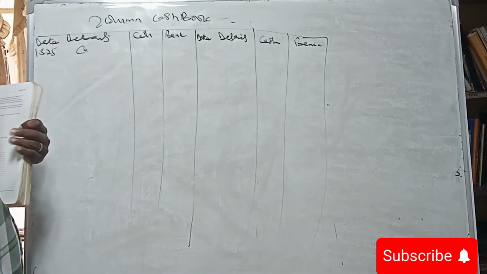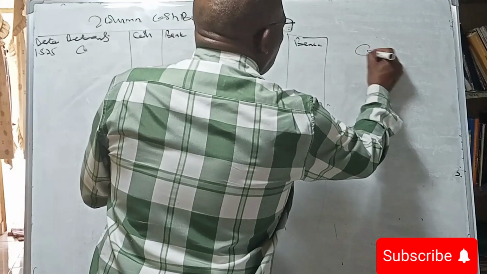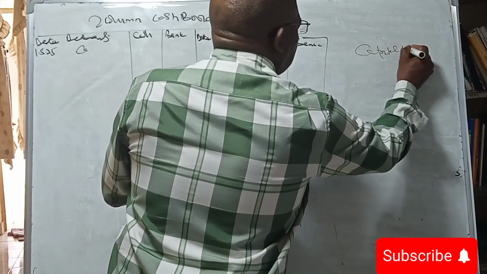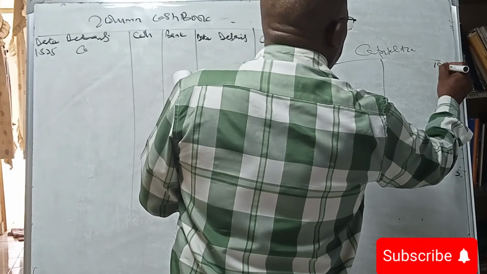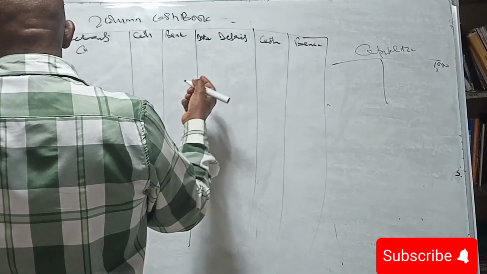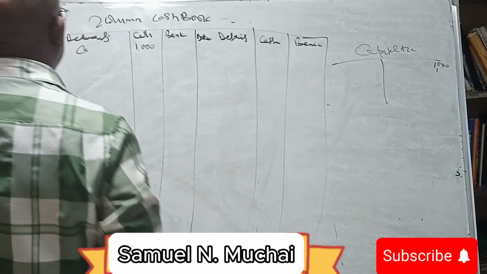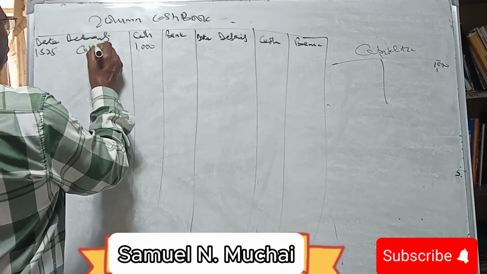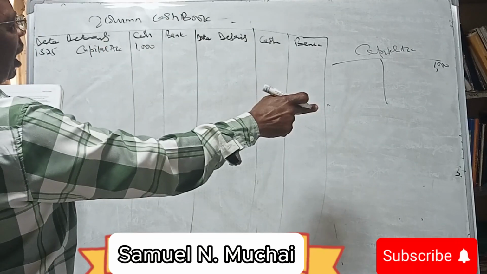There's an increase in capital, and for an increase in capital we credit the capital account with 1,000. We are told it is in cash, so we are receiving cash of 1,000 pounds, so we debit cash as we credit capital.